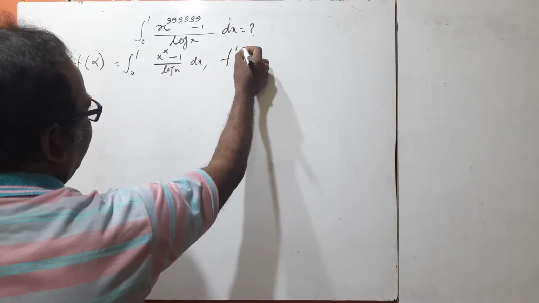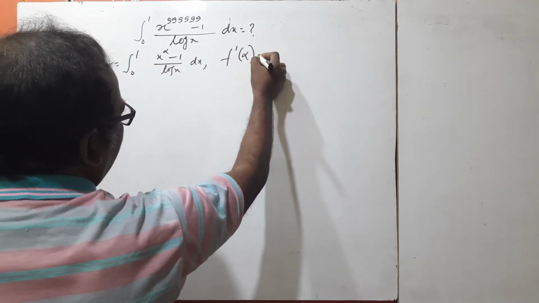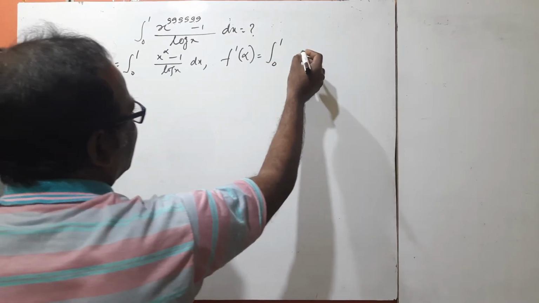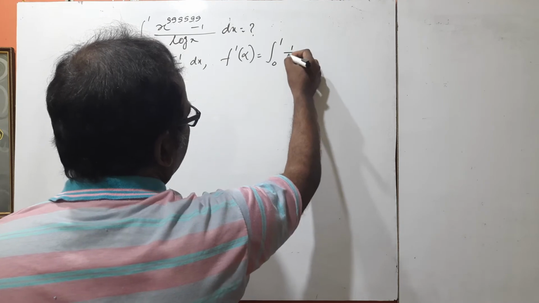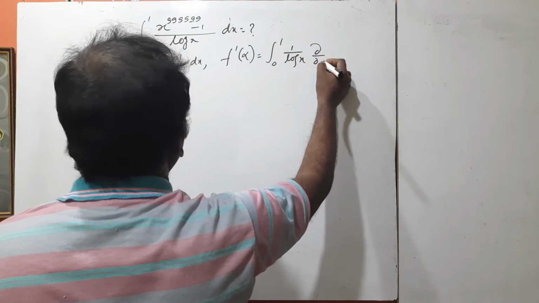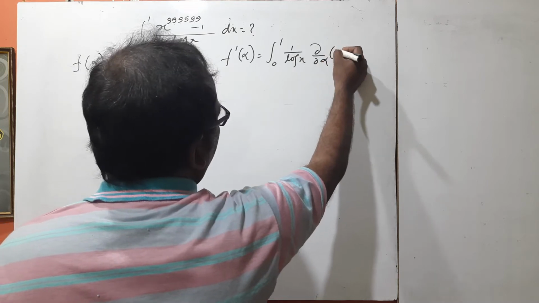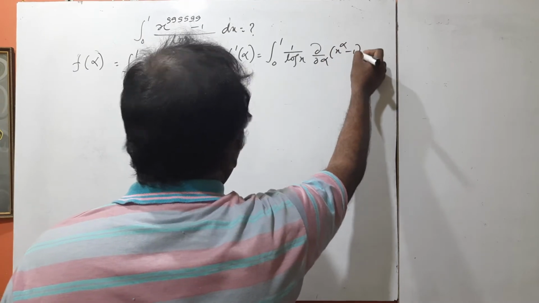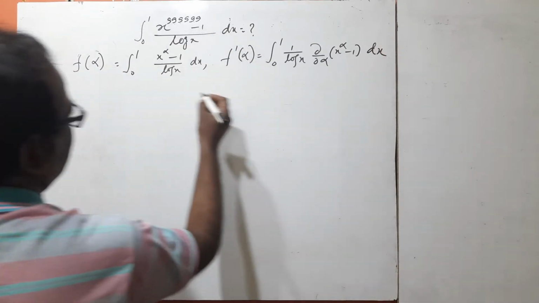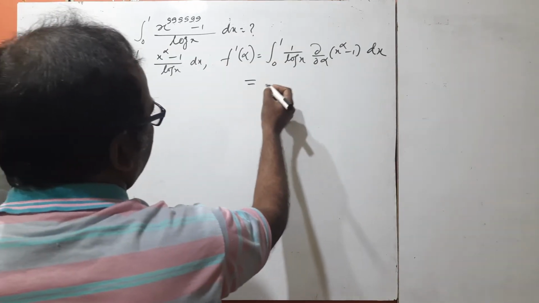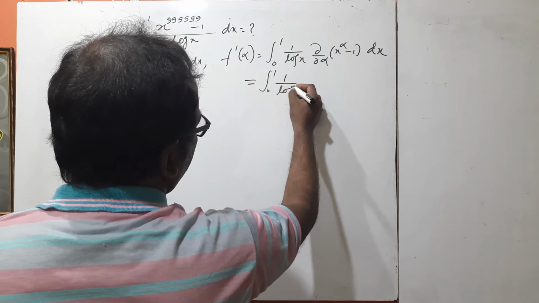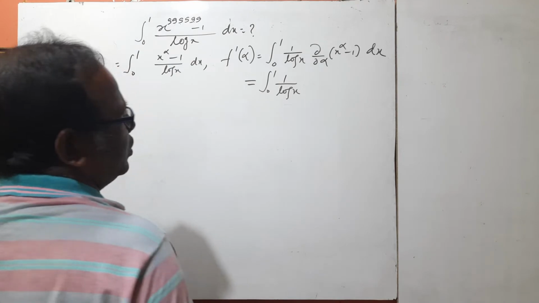So f dash alpha is the integral from 0 to 1 of 1 over log x times the partial derivative with respect to alpha of x to the power alpha minus 1, dx.